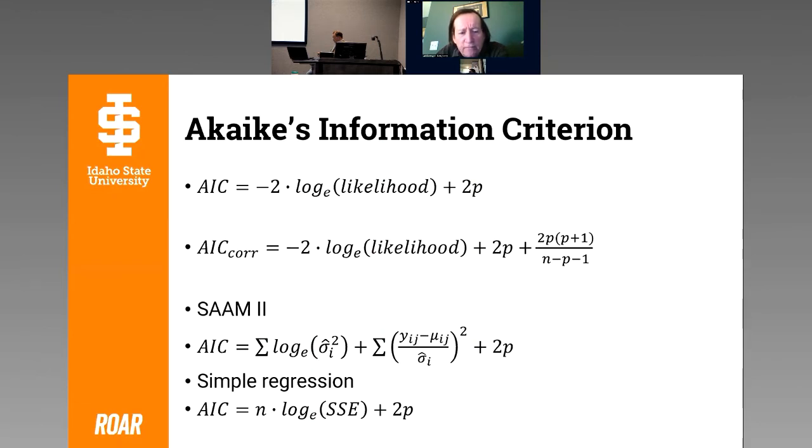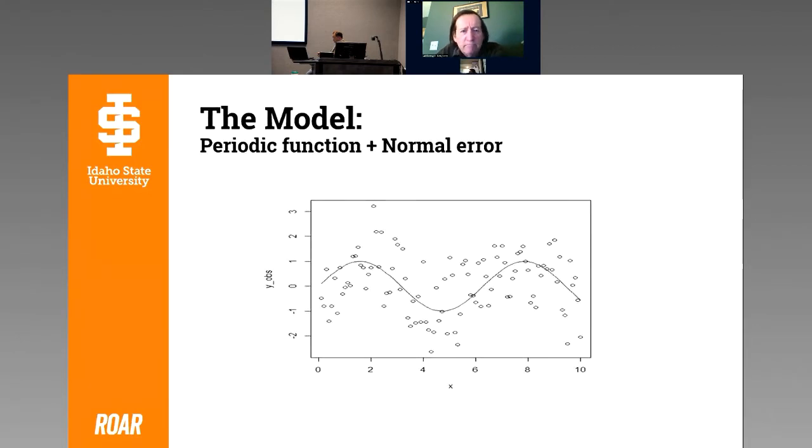So for this model fitting exercise I'm about to do, I'm going to use the AIC at the bottom. And I'm just going to simply show you how AIC works. We have a sine function and a bunch of random noise around it that generated the data.